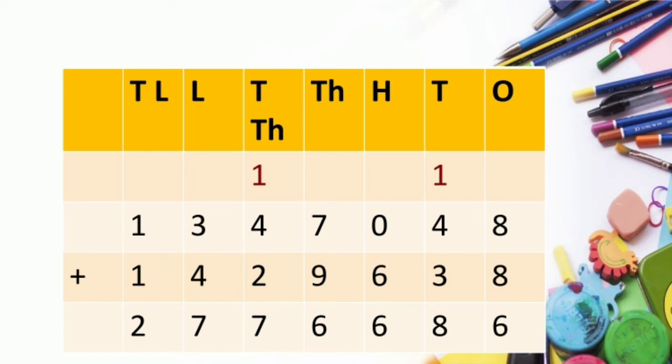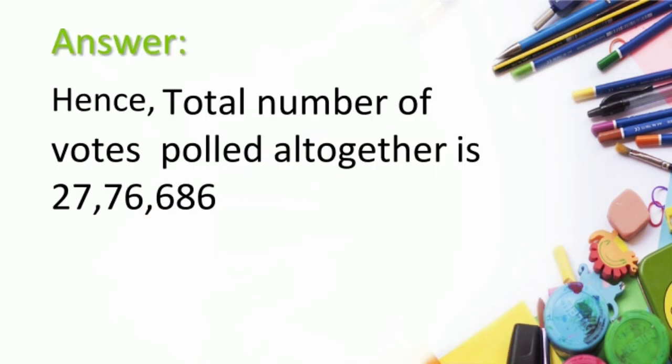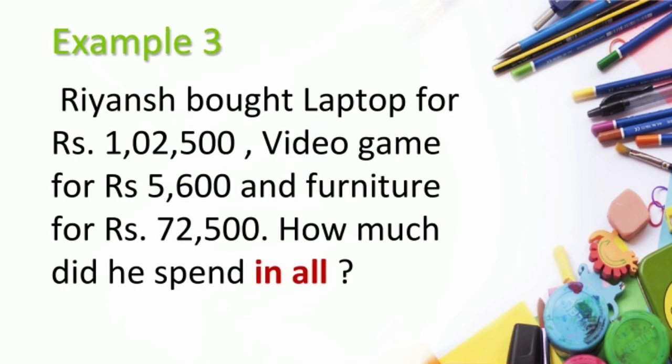After adding the numbers, the answer is 27,76,686. Our final statement is: hence total number of votes polled altogether is 27,76,686.